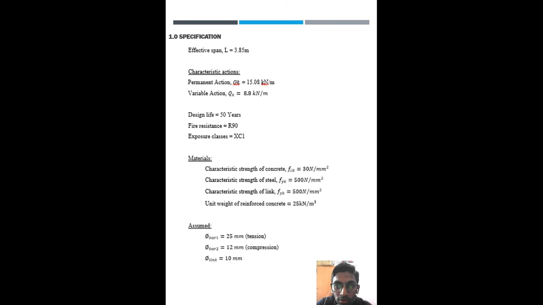Unit weight of reinforced concrete is 25 kilonewton per meter cubed. We assume bar diameter of 25 millimeters for tension, 12 millimeters for compression, and the link is 10 millimeters.